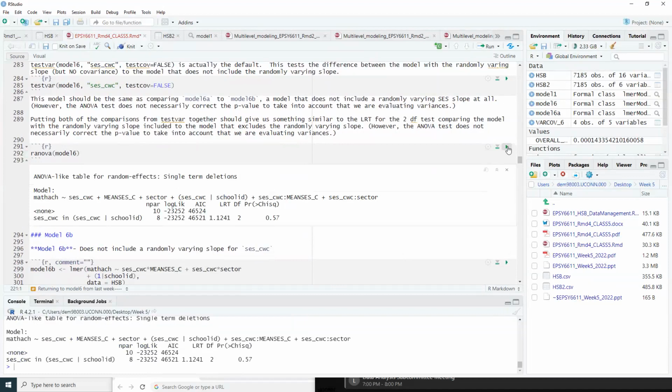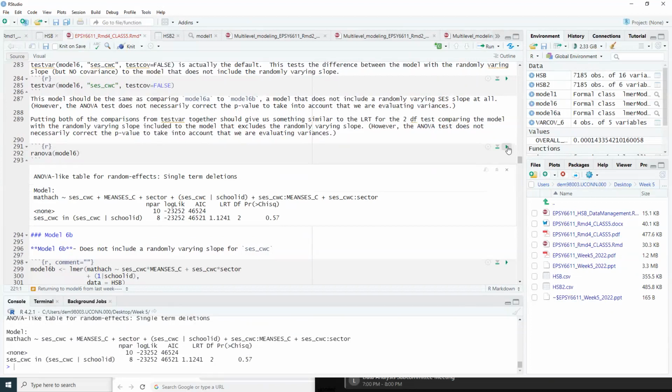So you can see here, what's it deleting? It's deleting the randomly varying slope. So I use model 6 and it's eliminating the randomly varying slope. And so now I'm going from 10 parameters to 8 parameters, right? And the likelihood ratio test is 1.1 with 2 degrees of freedom. And that is also not statistically significant.